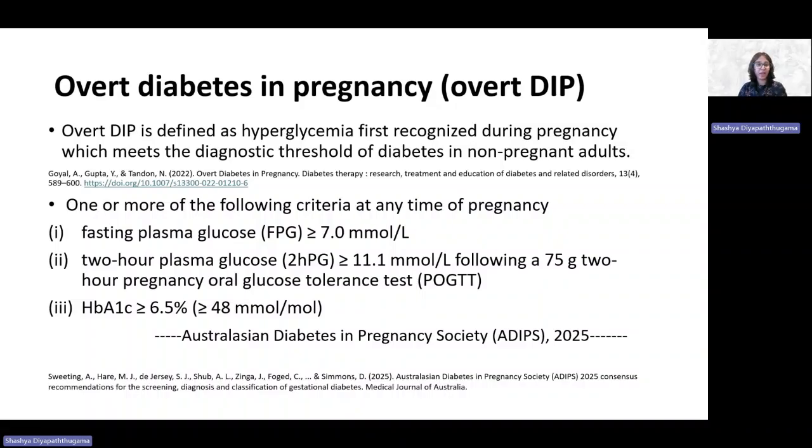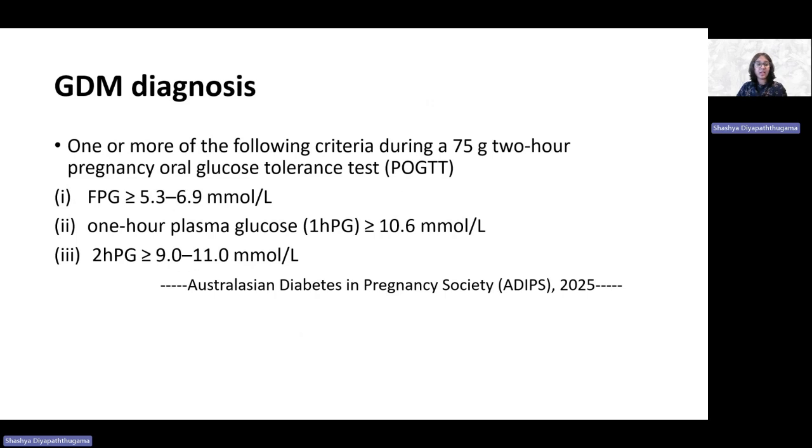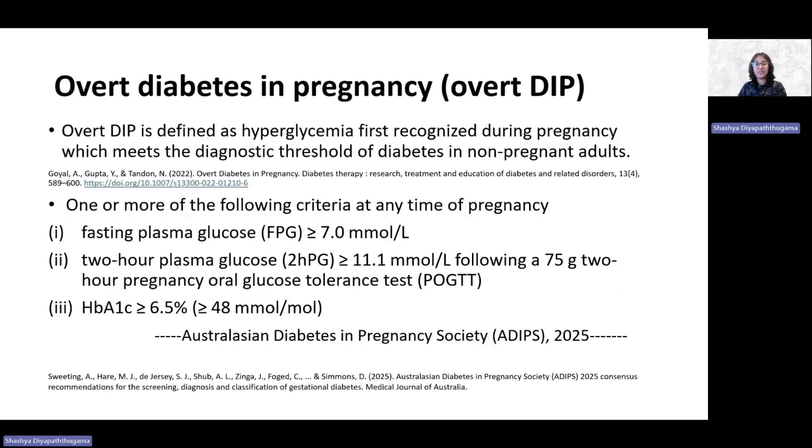For example, if we go back to the previous slide, for GDM diagnosis, if the fasting plasma glucose value is above 5.3, then we call it GDM. Up to 6.9, we still keep calling it GDM. But if it exceeds 6.9, for example above 7 as in this slide, that's not GDM. We call it overt diabetes in pregnancy, which meets the diagnostic threshold for non-pregnant adults and is a bit more severe.